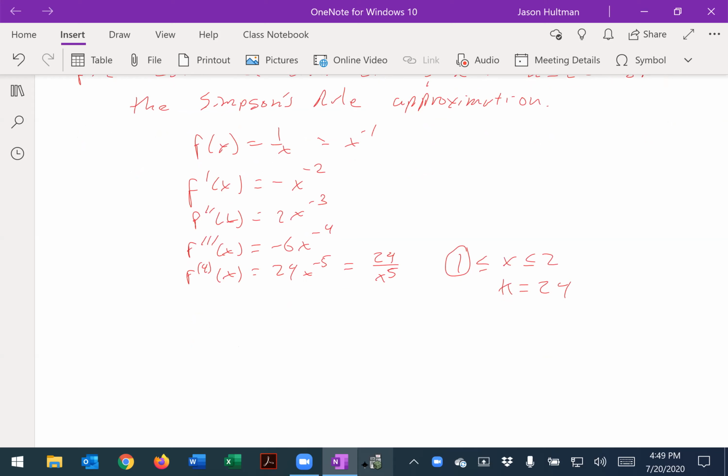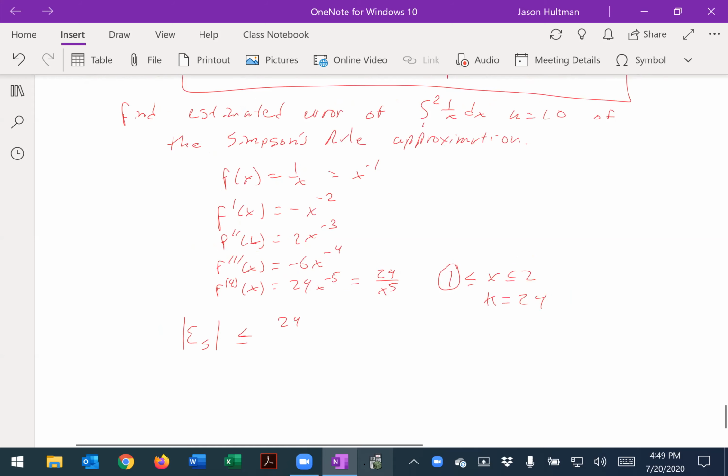And so the error for Simpson's rule is going to be bounded by, less than or equal to, 24 times, and what was the rule here?